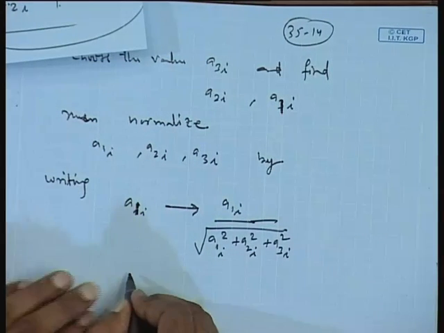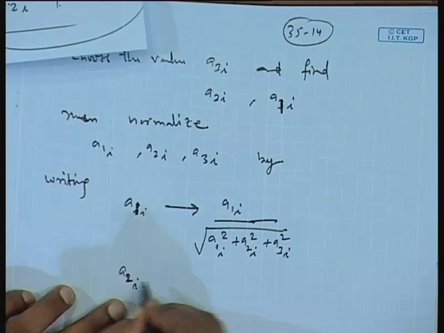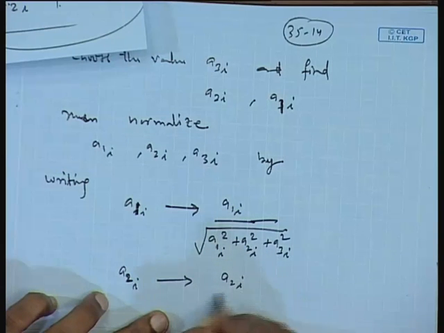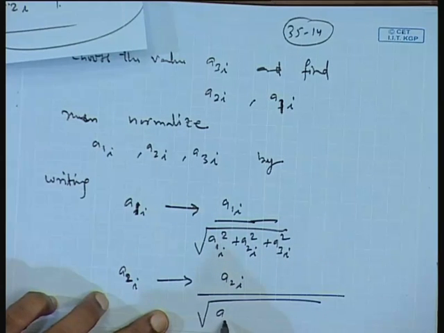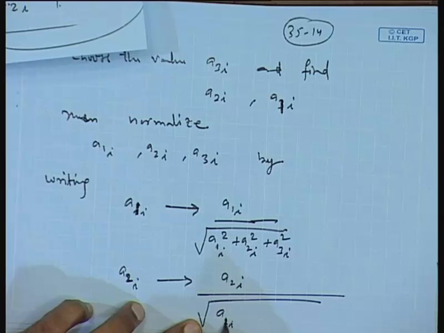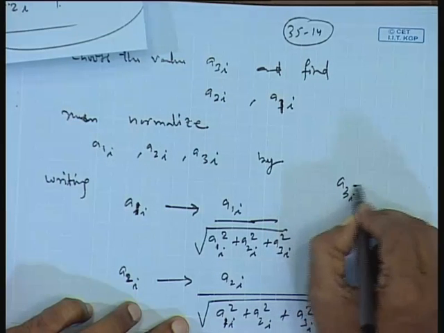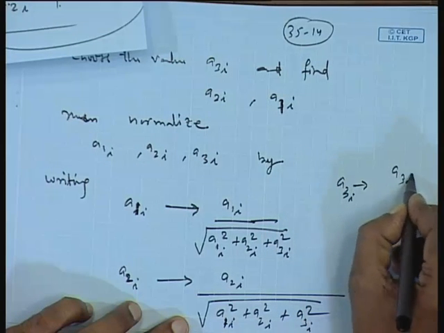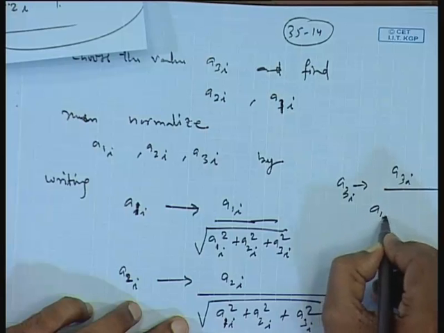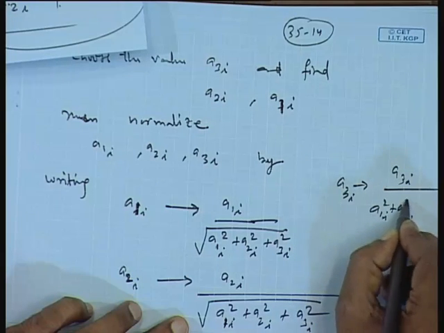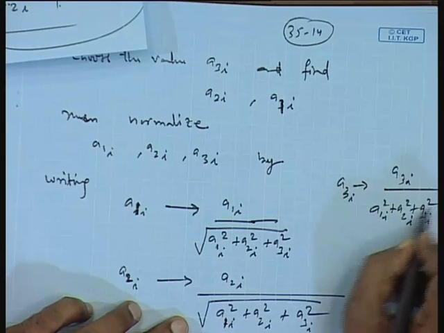Okay. Similarly, A2i you will be replacing as A2i divided by the square root of A1i square plus A2i square plus A3i square, and similarly A3i you will be replacing with A3i divided by the square root of A1i square plus A2i square plus A3i square.